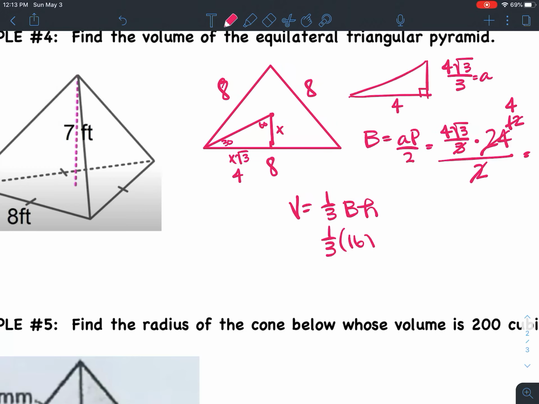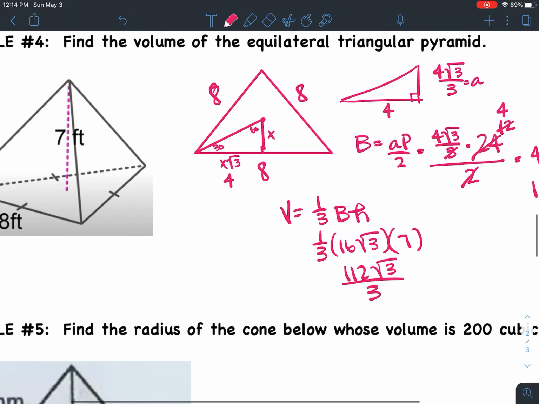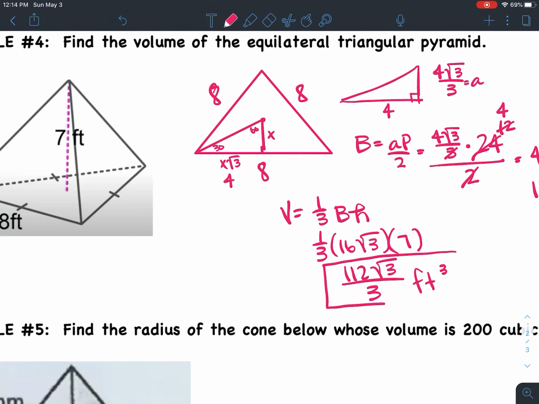And I'm going to have 1/3 of 16 square root 3 and a height of 7. I'm going to leave the 1/3 out of it for just a little bit. 16 times 7 gives me 112 square root 3. And then when I divide that by 3, it's going to stay put. Our units, feet cubed.